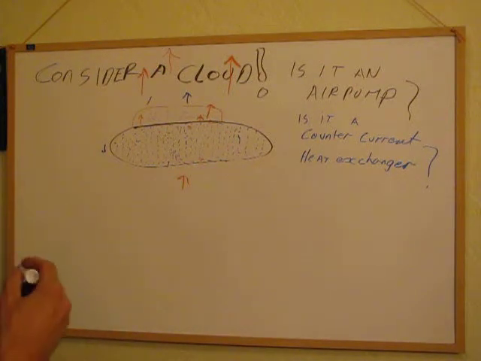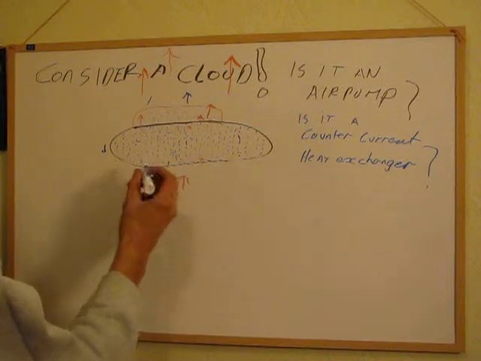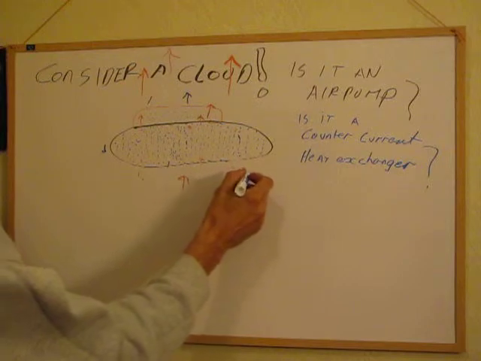Now at the bottom of the cloud, you have the water coming out. You're going to have larger droplets coming out and falling away.